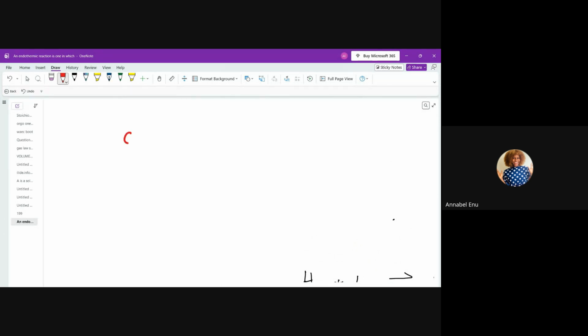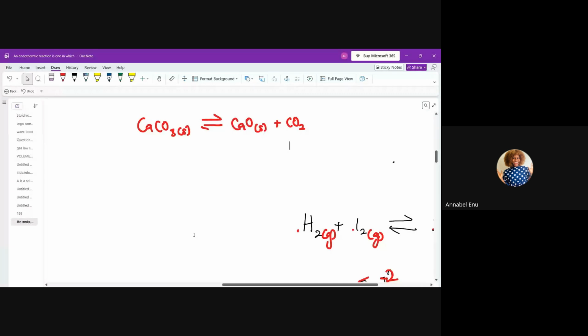What do you think would be our equilibrium constant here?